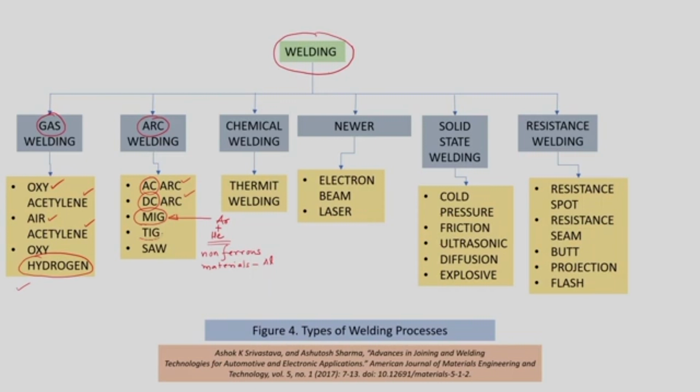Now, when we are using tungsten, this is TIG, which is quite popular in the industry. It is tungsten inert gas welding, and here the tungsten is non-consumable, it is not getting melted during the operation. In arc welding, the electrode is getting deposited, it is getting consumed.